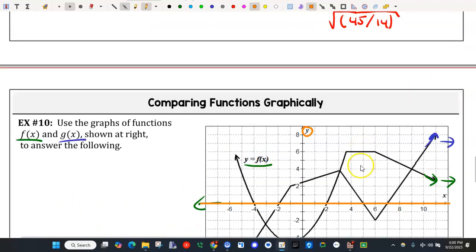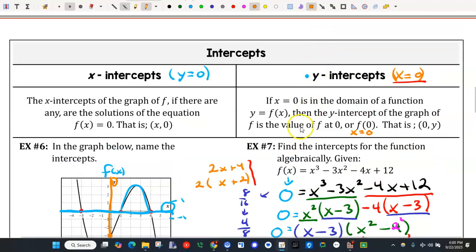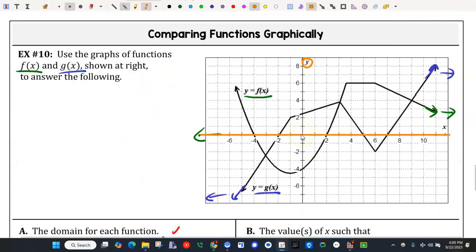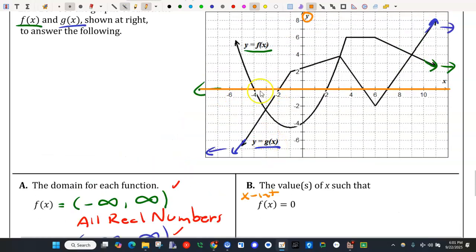So notice how on the previous page over here it says, find the x-intercepts, right? And on here it didn't blatantly say find the x-intercepts, but you have to know that this is the same as find the x-intercepts. Same question, phrased slightly different. So all we have to do is find out where it intersects right up here. So we have f of x, let's go back to green.